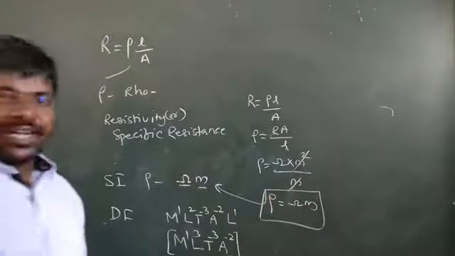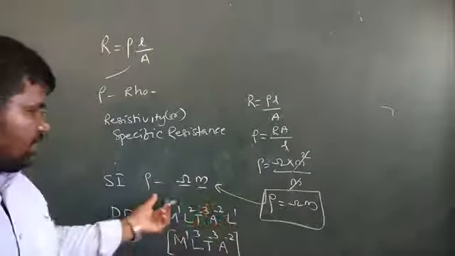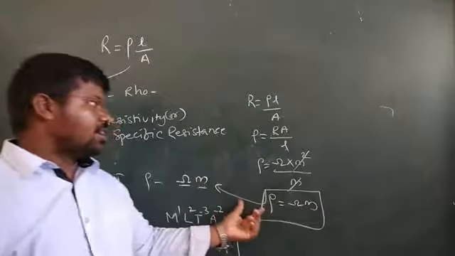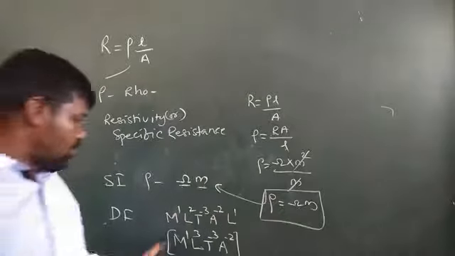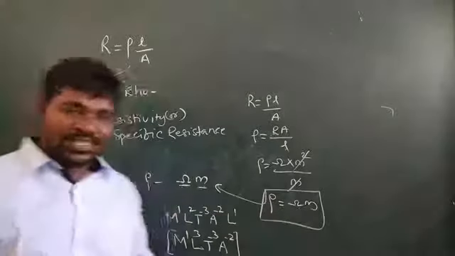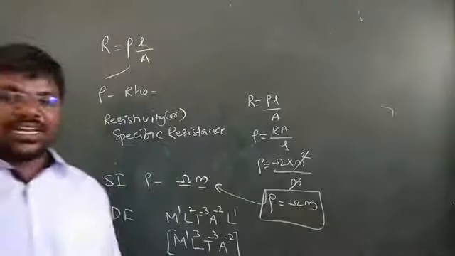The dimension formula of resistivity is M power 1, L power 3, T power minus 3, A power minus 2.